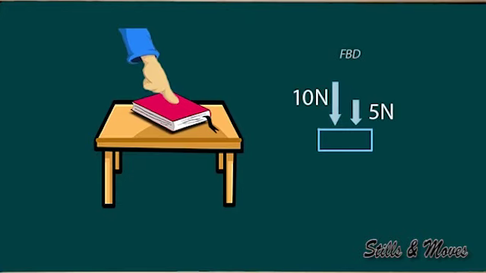So, for F net to be 0, the normal force in this case would now have to be 15 newtons pushing back up. The normal force will continue to increase as needed until it reaches a force that it can't handle. Then, the table will break and everything will fall to the ground.